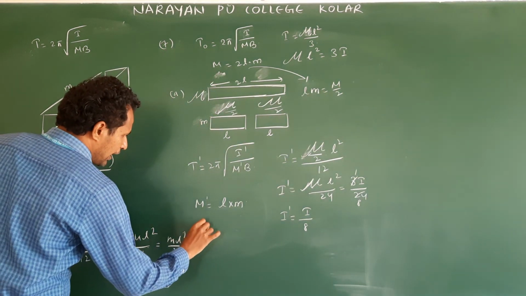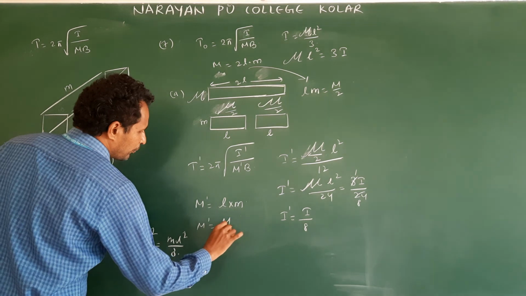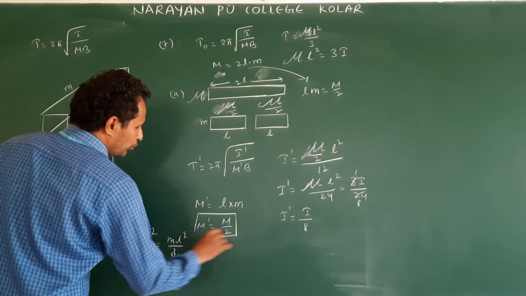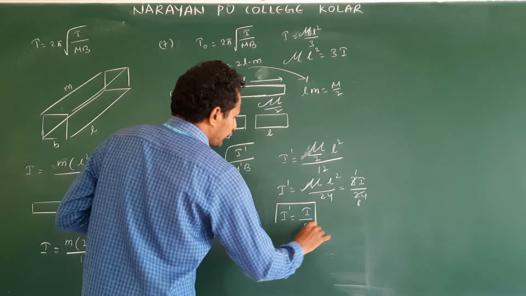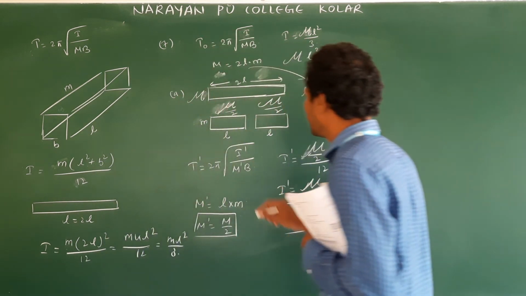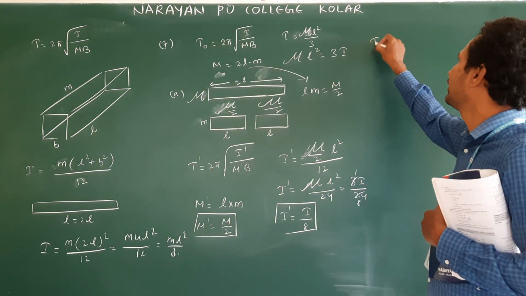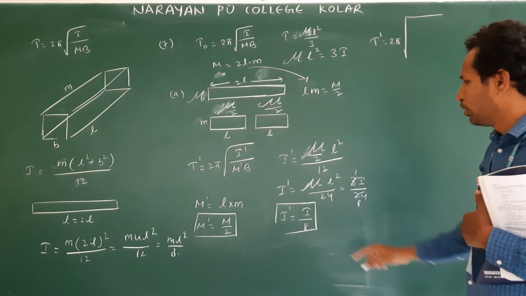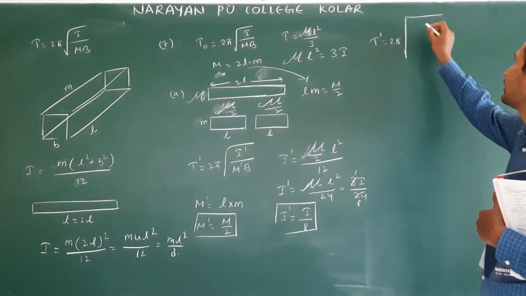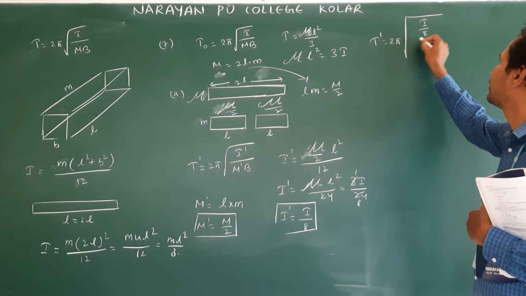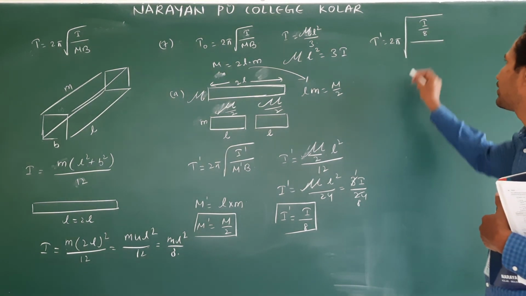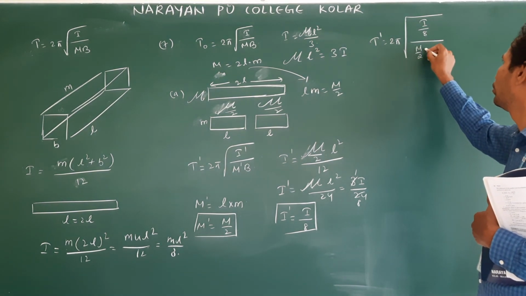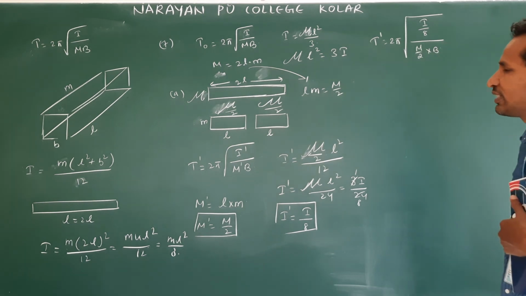So this M dash is equal to M by 2. Now we have a new magnetic moment and new moment of inertia. The two we substitute in the new time period. Then T dash is equal to 2 pi under root of, what did we get? I dash, that is I by 8, by, what is M dash? M by 2 into B remains same.